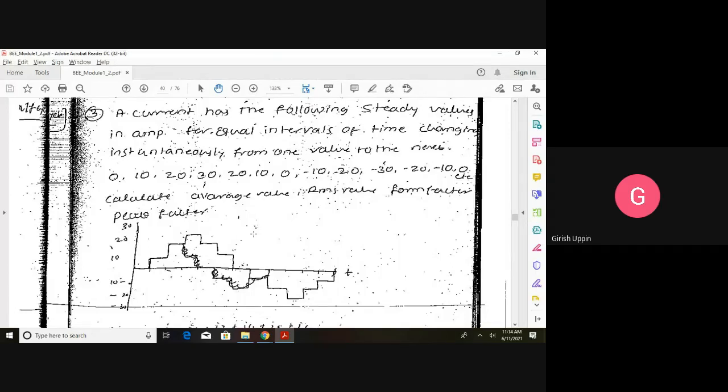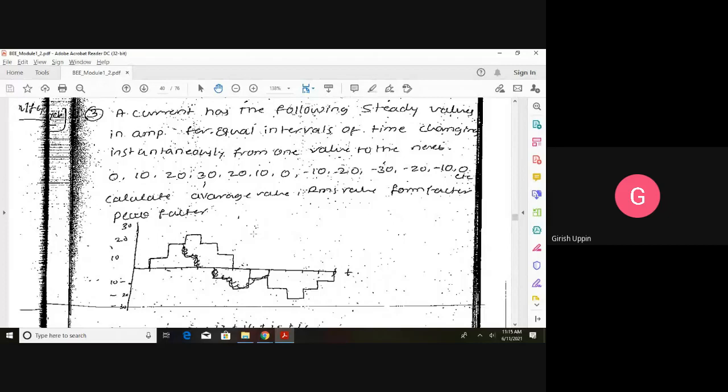Is it symmetrical or unsymmetrical? Symmetrical. Okay, so it is a symmetrical waveform. Whenever there is a symmetrical waveform, you take only the half cycle and do the calculation for the average value. Which formula will you use here?